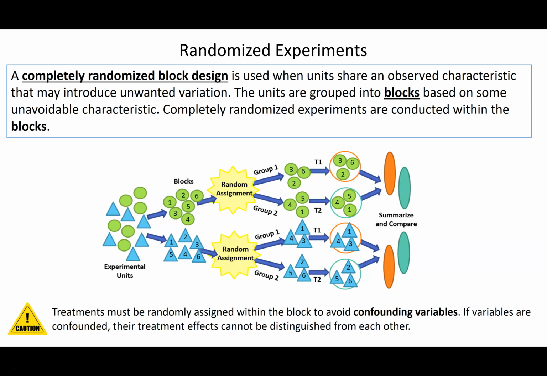So randomized experiments, there's another one that we're going to talk about. It's a completely randomized block design. So this is used when we have units that have some shared characteristics. So maybe you're aware of, hey, here are all my units, but I know that I have this many sexes, or I have this many age groups.